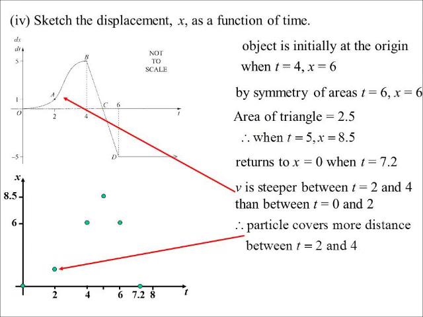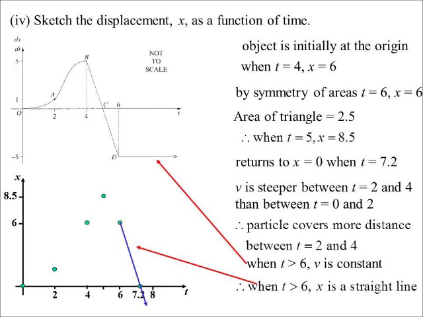So that means its velocity will increase at a greater rate, if you like. So I know it's going to cover more distance between 2 and 4 than it does between 0 and 2. This is where the guesswork comes in. I've just plotted a point which is below 3, because I know it'll cover more distance between 2 and 4 than it will between 0 and 2.